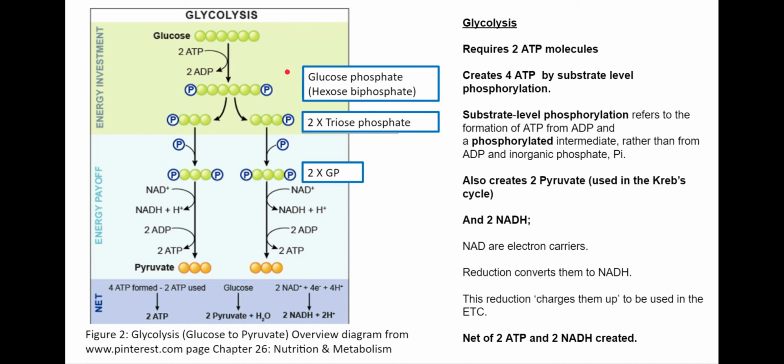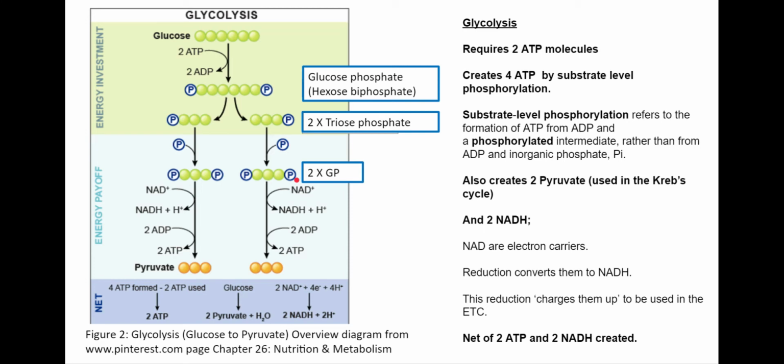This molecule, which you don't actually need to know the name of, but it's a hexose biphosphate, which means it consists of 6 carbons and 2 phosphates. This molecule is split into two triose phosphates, each with a phosphate molecule on the end. And later on, they gain another phosphate molecule to form this molecule down here.